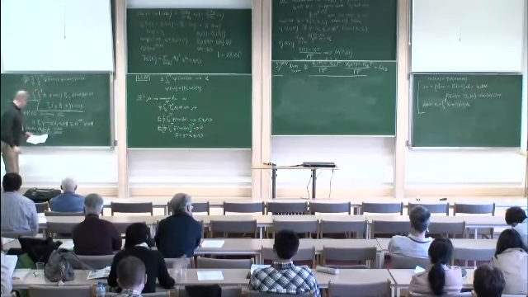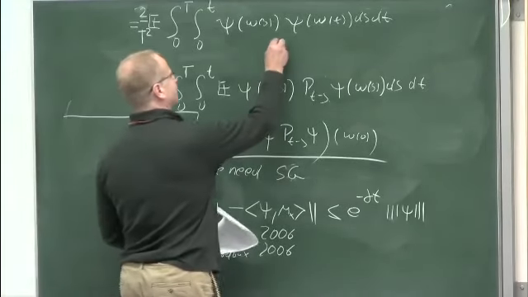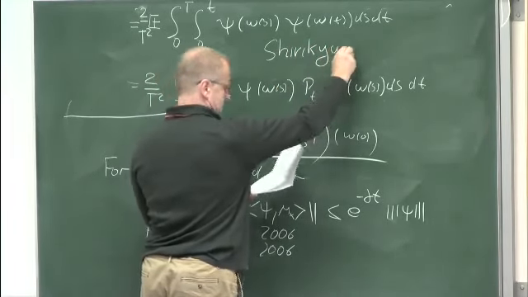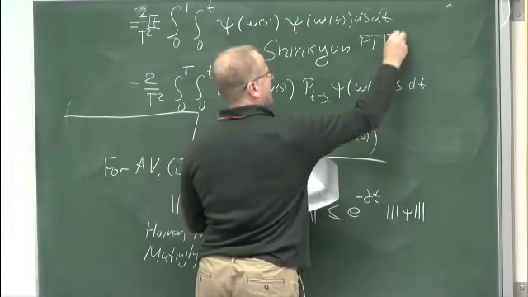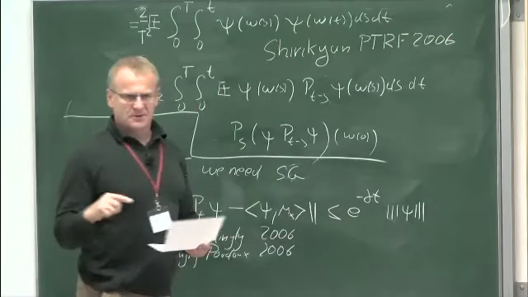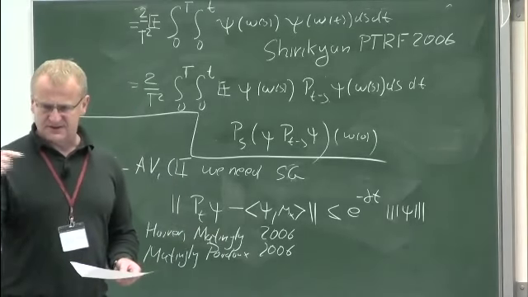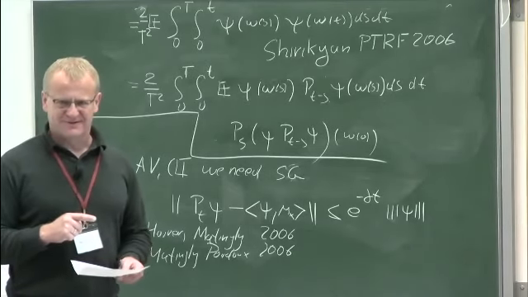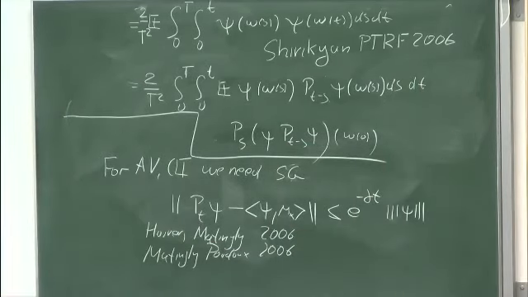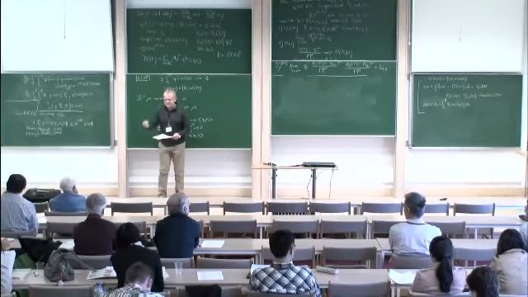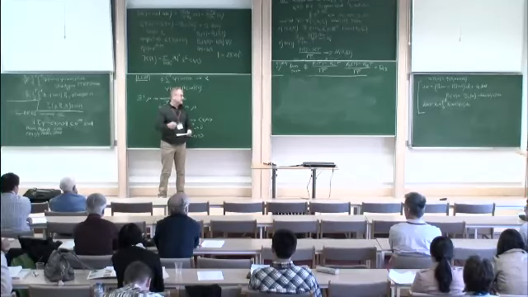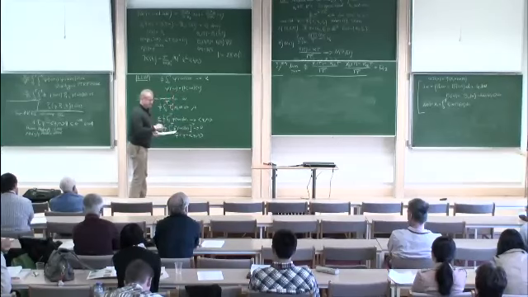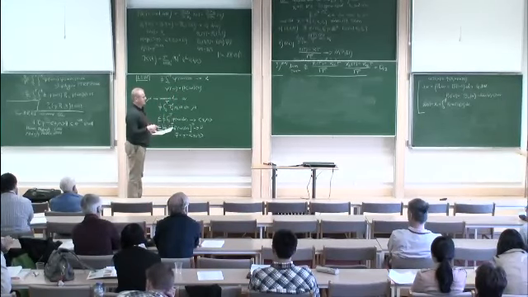I think that Shirikyan, in PTRF, proved the central limit theorem for additive functionals for the stochastic Navier-Stokes equation. And basically it is the same method. The difference is for which equation, but that's not a problem. The problem is rather for which functionals, for which observable.